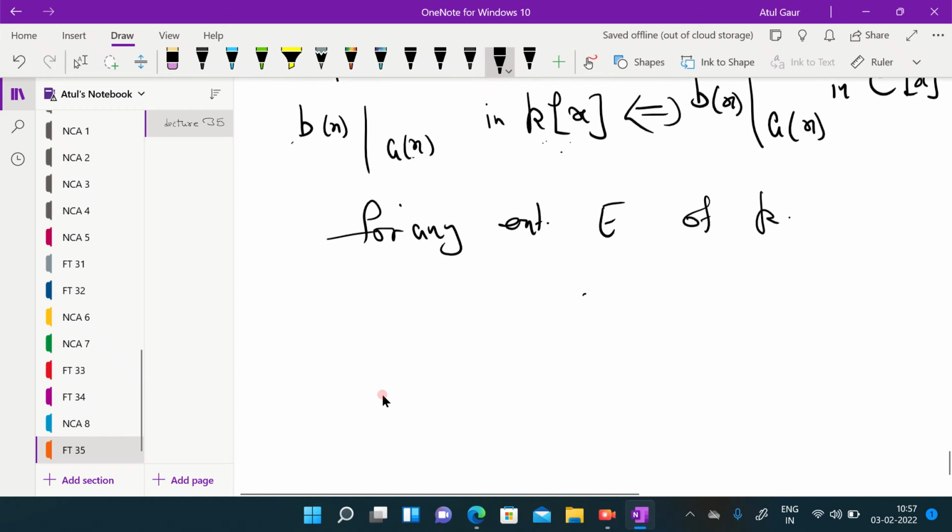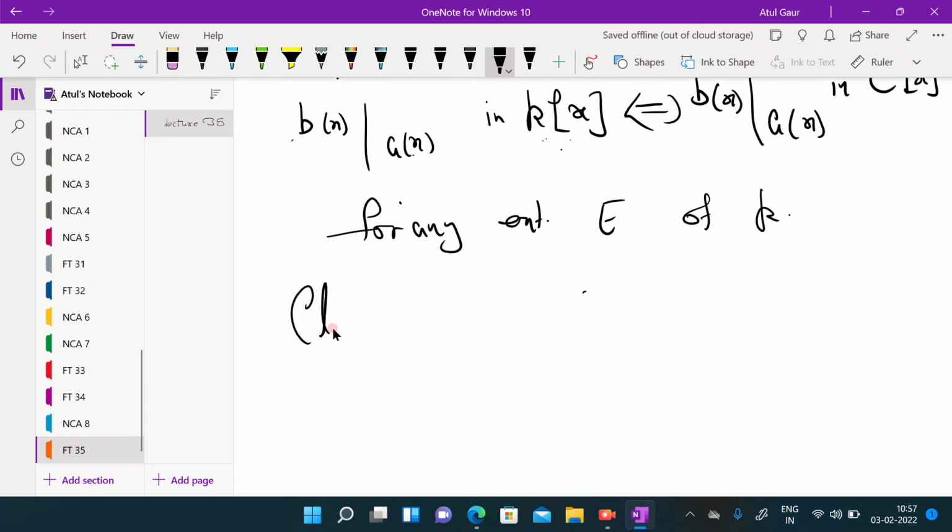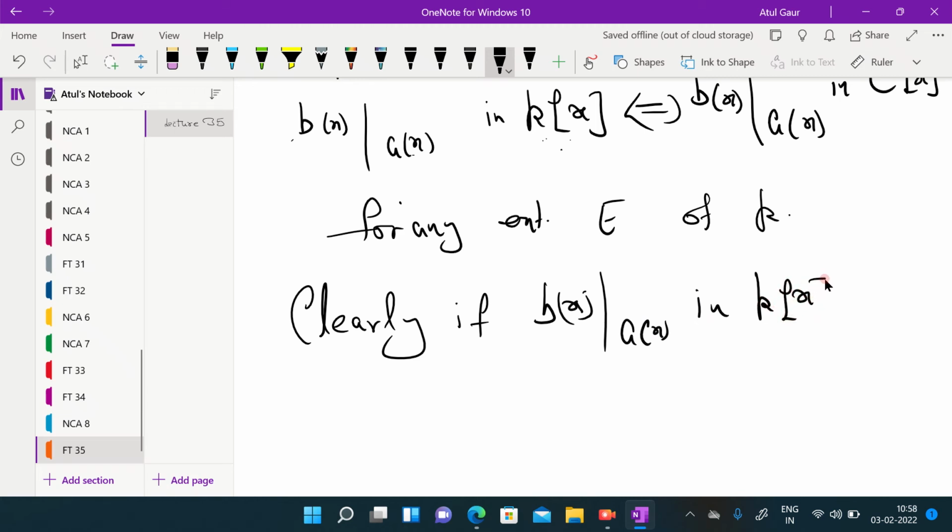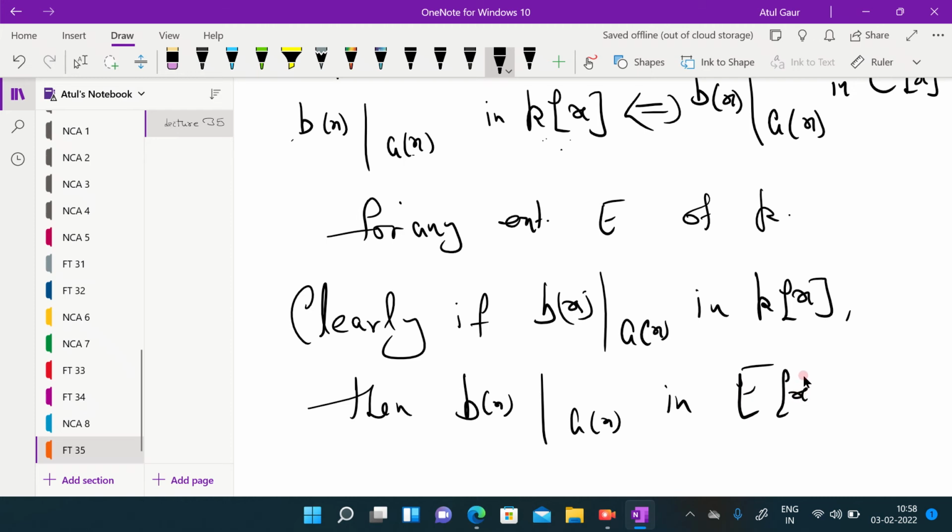Is that fine? If b(x) divides a(x) in K[x], then b(x) divides a(x) in E[x], as K[x] is contained in E[x].